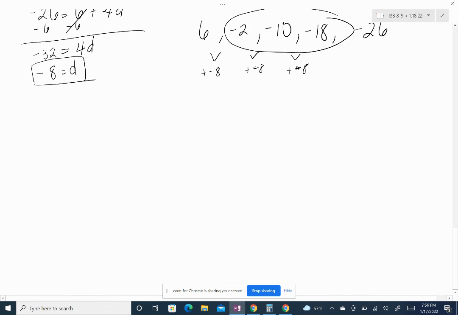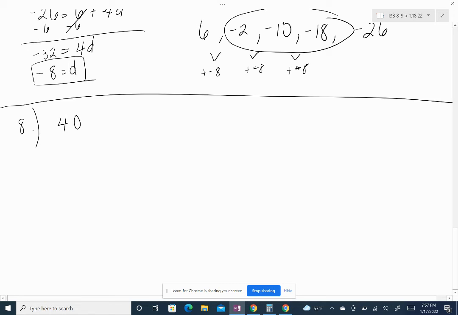Okay. Let's do one final example. It's a little bit longer, but we could probably get through it. So 40, and there's going to be 5 blanks, and then we have negative 14. So remember, we're going to use that original equation, which is a sub n equals a sub 1 plus n minus 1 times d.